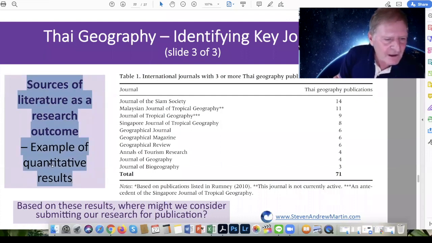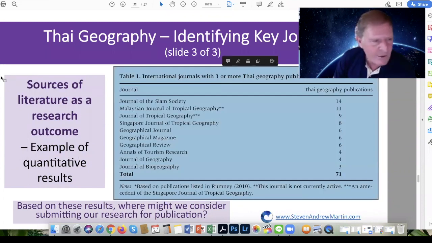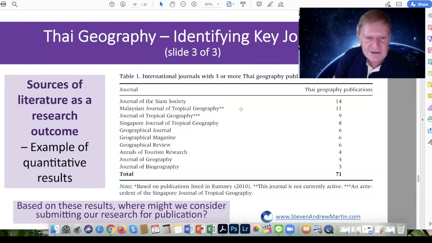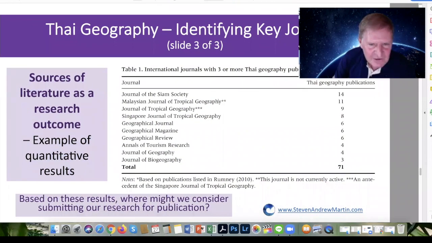But an example of a quantitative approach in terms of publication: international journals with 3 or more Thai geography publications. So we can see that the Journal of Siam Society had 14, the Malaysian Journal of Tropical Geography 11, the Journal of Tropical Geography 9, and the Singapore Journal of Tropical Geography.